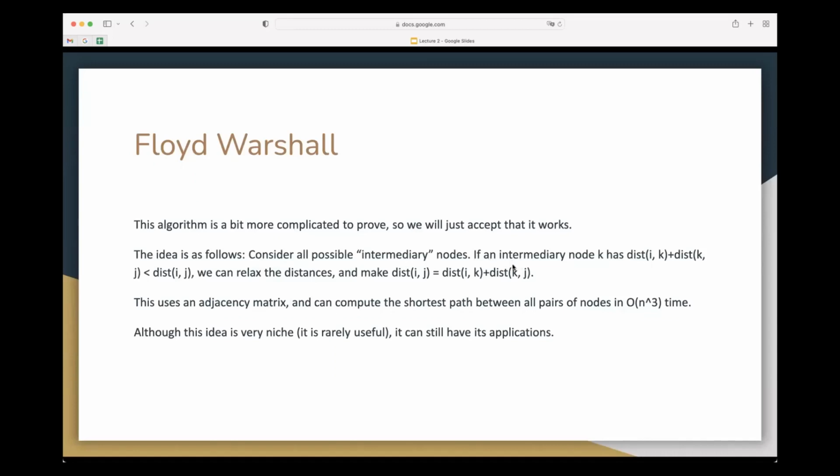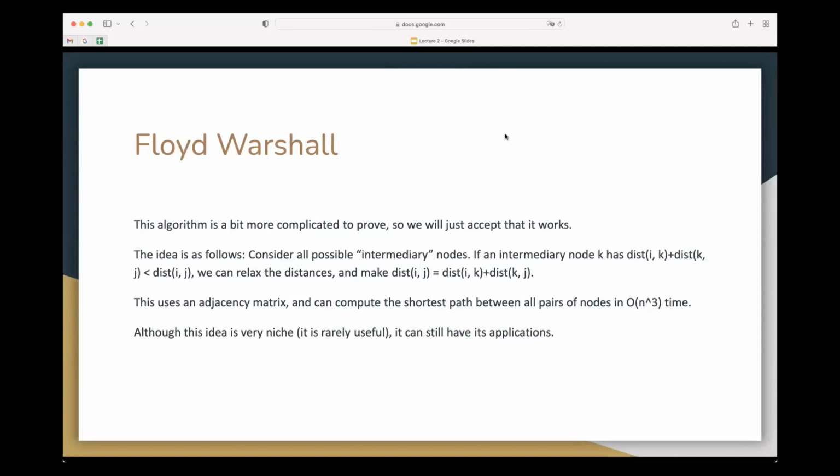So for example, in here we say if an intermediary node K has dist ik plus dist kj is less than dist ij, that means that combining the two partial paths is going to give you a better path than the path from I to j. Then we can relax the distances and make dist ij equal to dist ik plus dist kj. Essentially, we're making the new path from I to j the sum of the partial paths, if the sum of the partial paths is better.